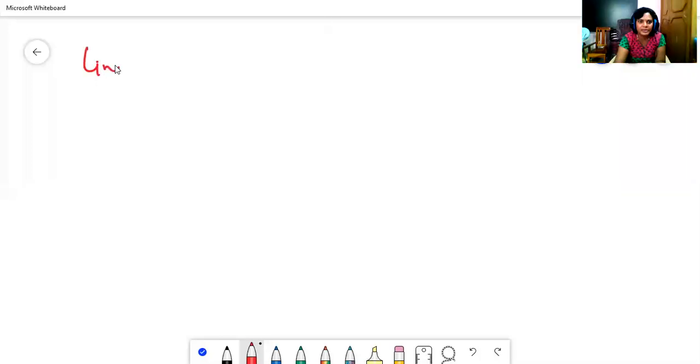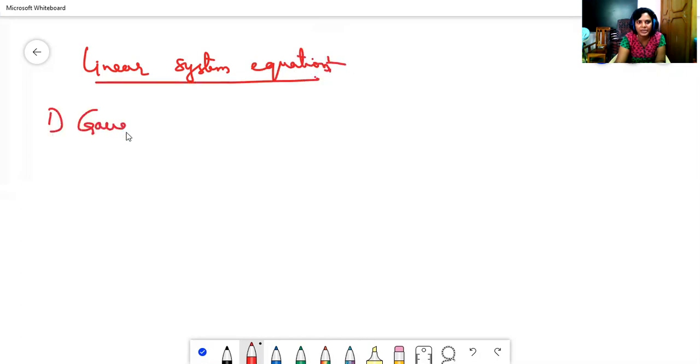In the linear system of equations, these three methods are there. First one is the Gauss elimination method. Second one is the Gauss-Jordan method.